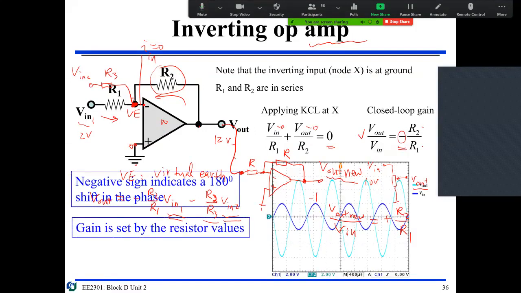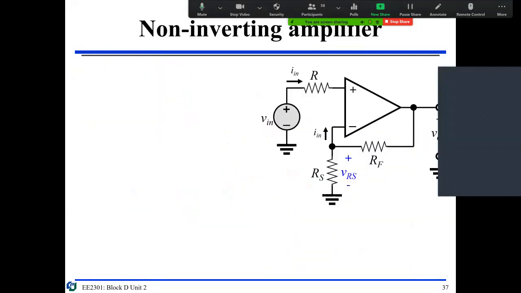Of course, because it's a negative sign, the phase is opposite, it's 180 degrees. If you have a sinusoid, you have a reverse sinusoid. So that is the inverting terminal.